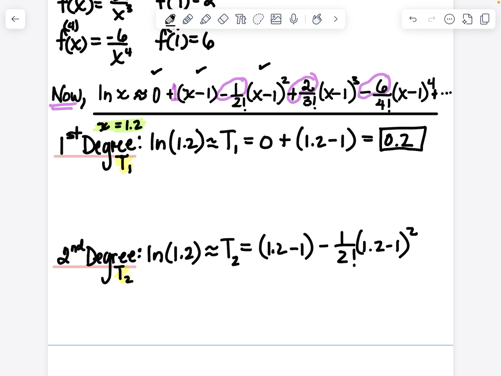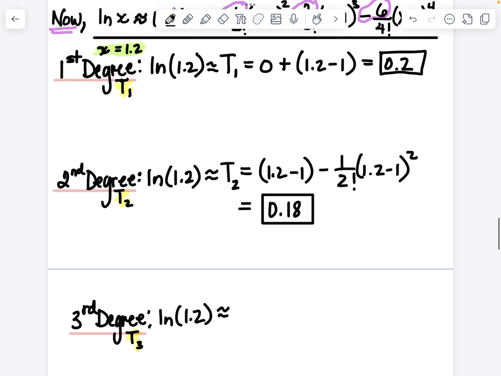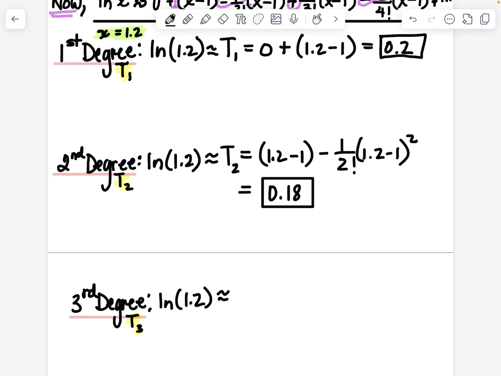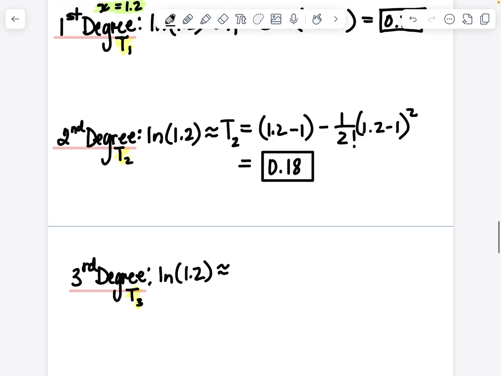So for T2, which really should be T of 1.2, we get a value equal to 0.18. That seems like it's getting a little bit smaller, probably getting better. It'll be a better approximation when you extend the terms.